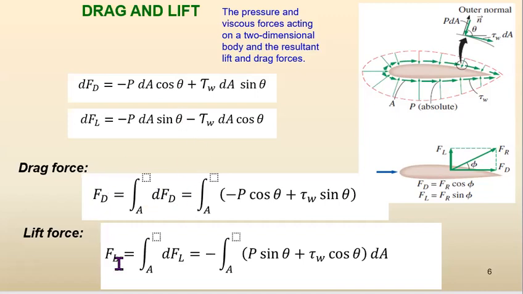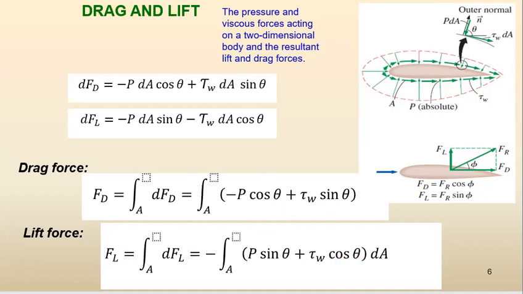The total drag force and the total lift force can be calculated by integrating these two equations over the entire surface of the airfoil. So this is what we have. The drag force is the result of two forces: the shear stress, which can be interpreted as friction, and the pressure, the force against the motion, and then the lift force.